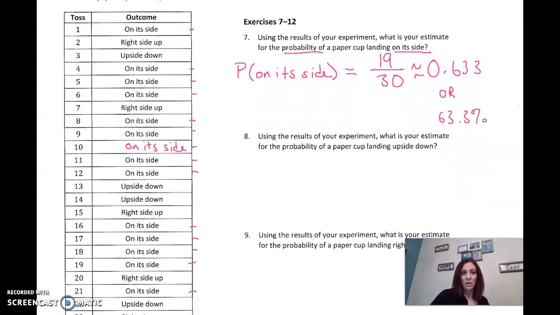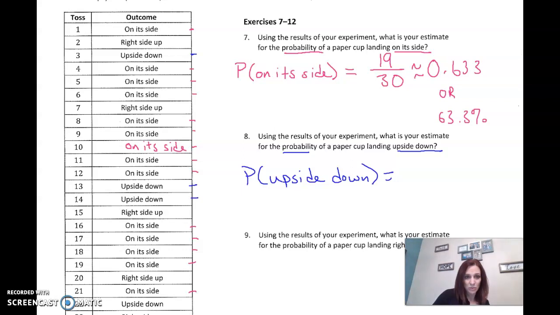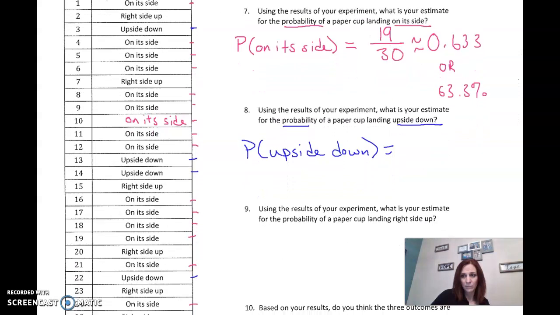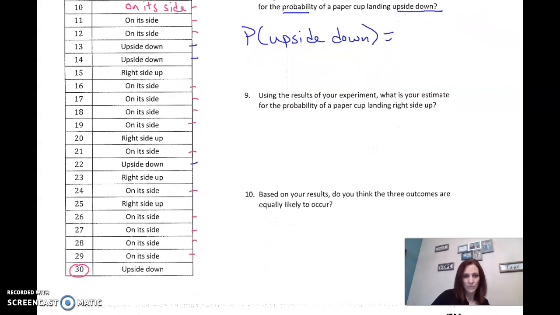Okay? What's the probability that now it lands upside down? So we're going to take the probability of the outcome being upside down. And then we do it. Let's see here. 1, 2, 3, 4, 5.